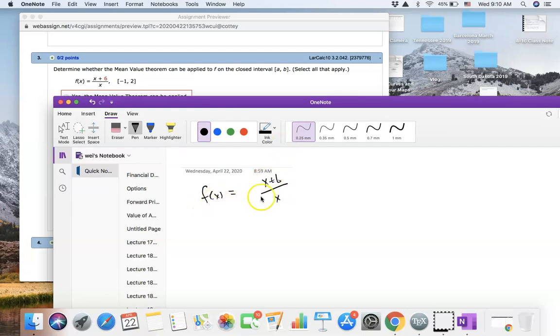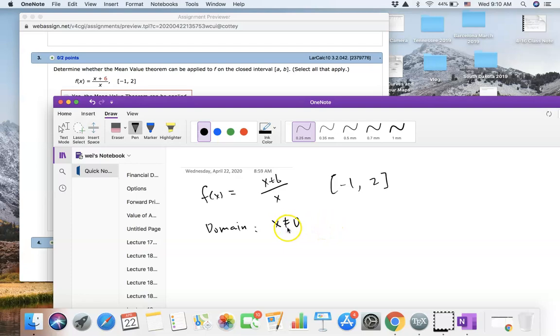To see whether this function is continuous on the interval from -1 to 2, we need to determine whether this function is defined on this closed interval. The domain of this function is every number except 0, because when x equals 0, the denominator will be 0, so the function is undefined.